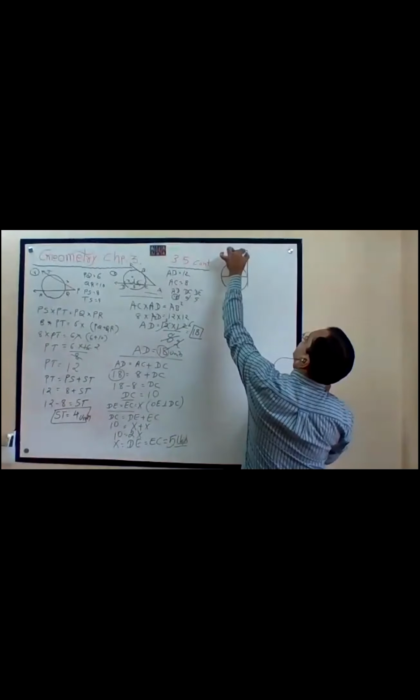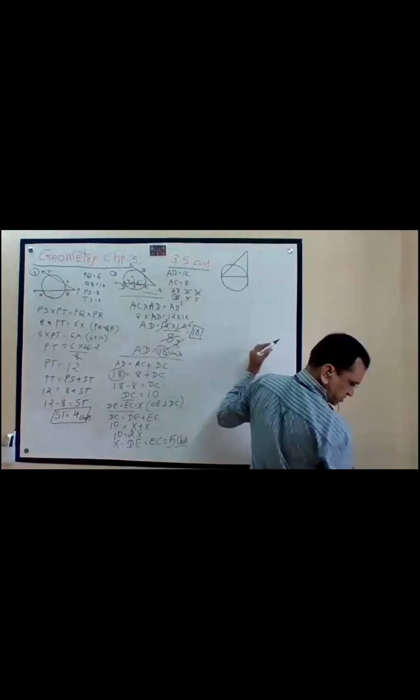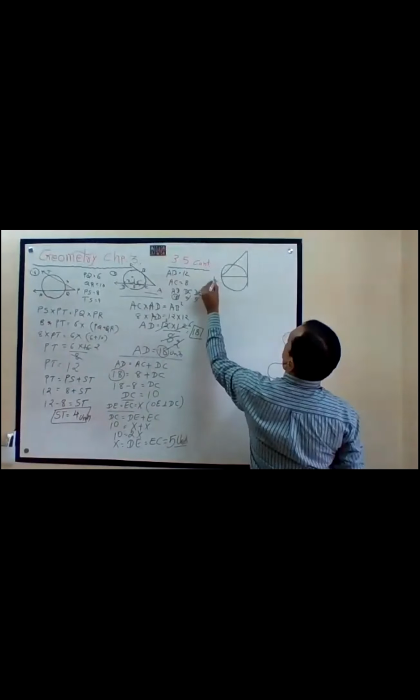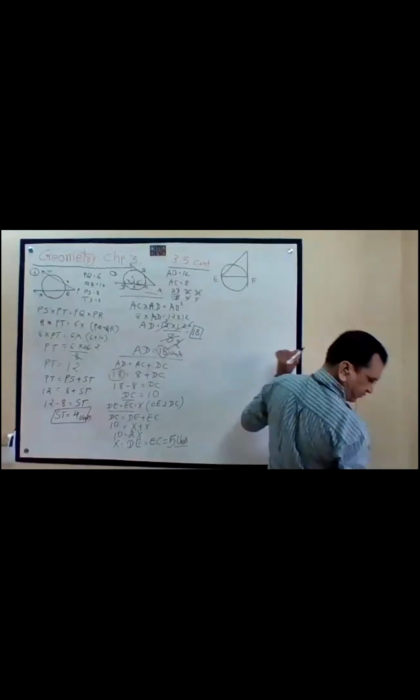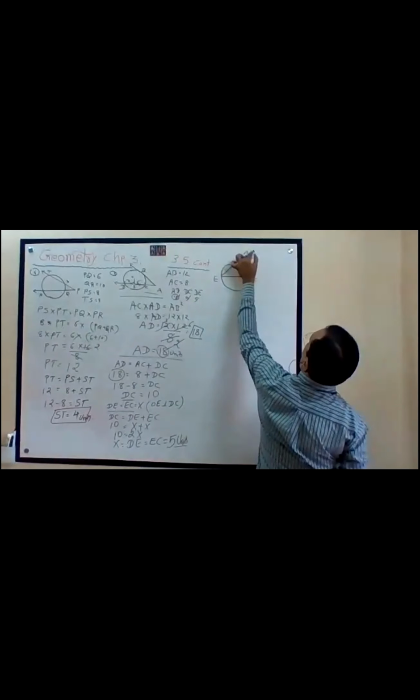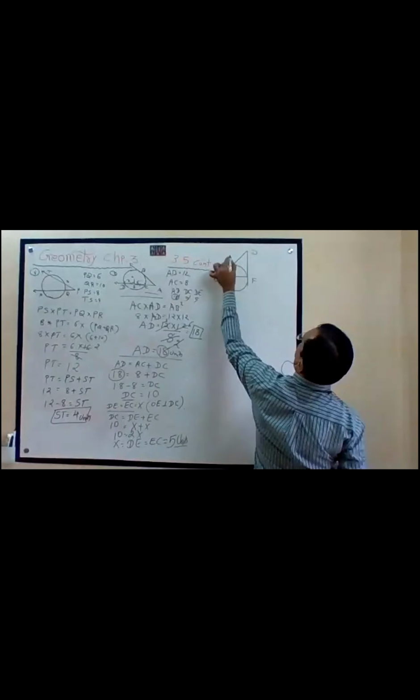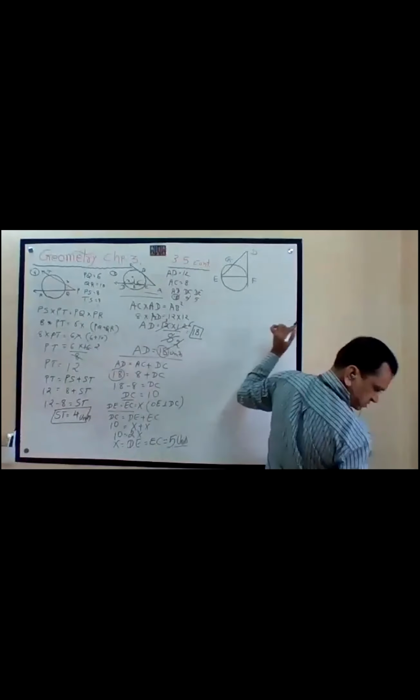And one secant from that it is given. So now E, F, D, G, this is H.